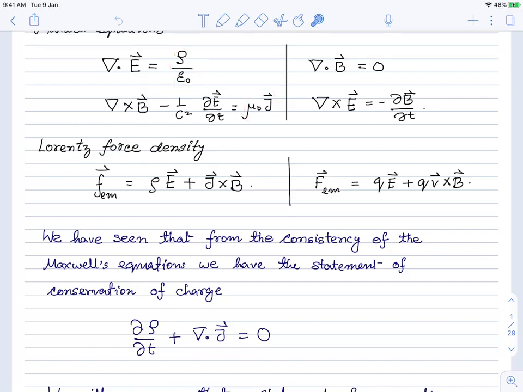And so this is a local statement of the conservation of charge. Of course, if we integrate it, it converts into a statement of conservation of charge within a particular volume. So we can do the volume integral on this equation. This equation follows from the Maxwell's equations. In some sense, it is contained in the Maxwell's equations.